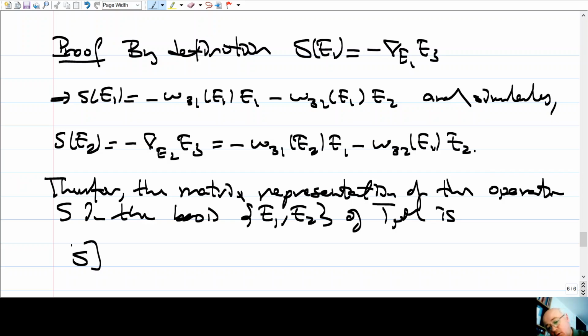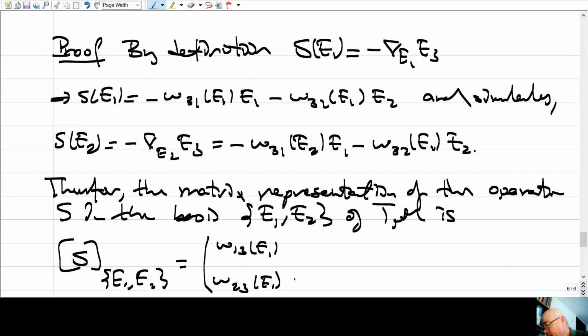So the operator S in the basis E1, E2 is this 2 by 2 matrix. I take the first coefficients and write them as the first column. This is minus omega 3 1. So if I interchange the indices, this becomes omega 1 3 of E1, and then similarly the second becomes omega 2 3 of E1.